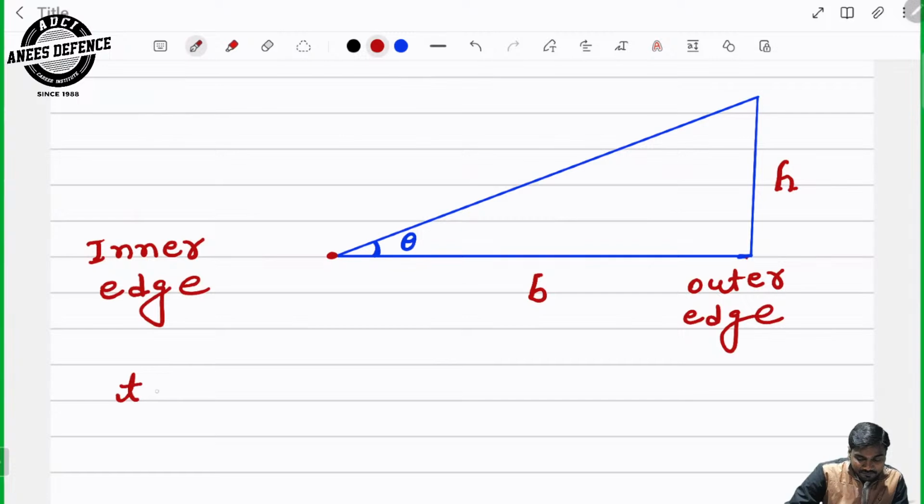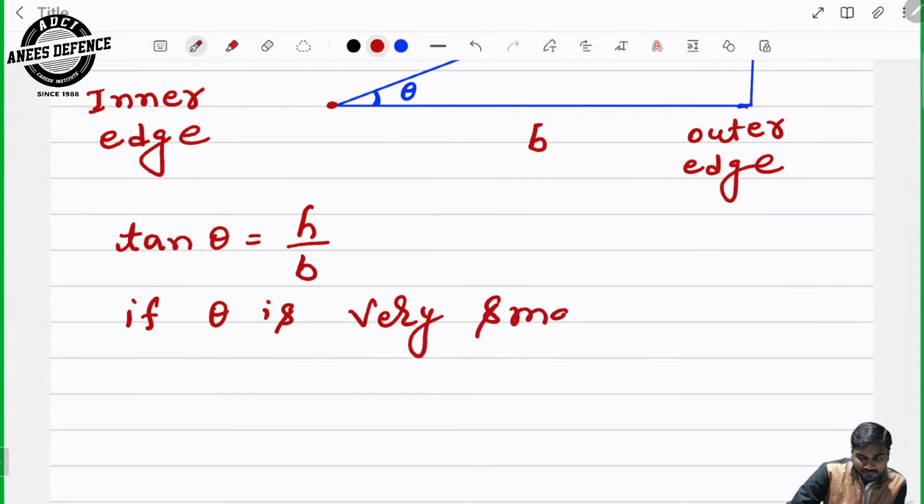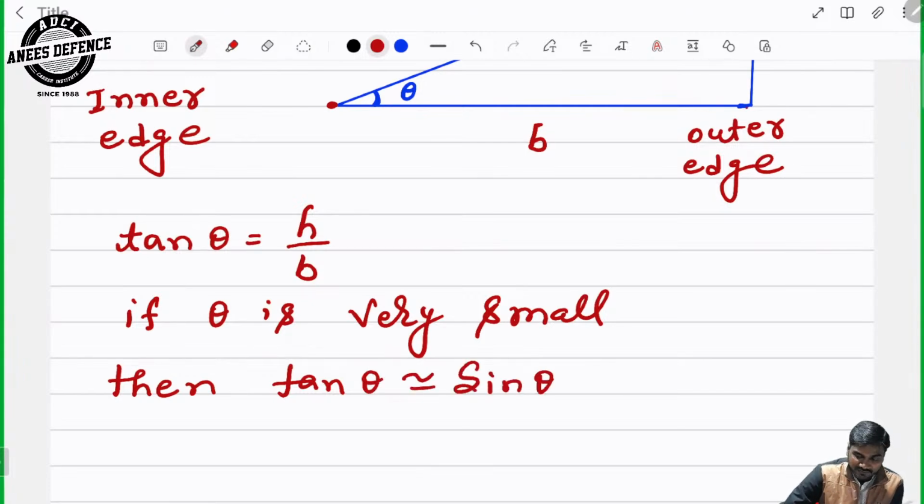So calculate tan theta. Tan theta is equal to what? Perpendicular upon base. So h upon b. Can I write, if theta is very, very small, then tan theta is approximately equal to sin theta, which is equal to what? h by b.